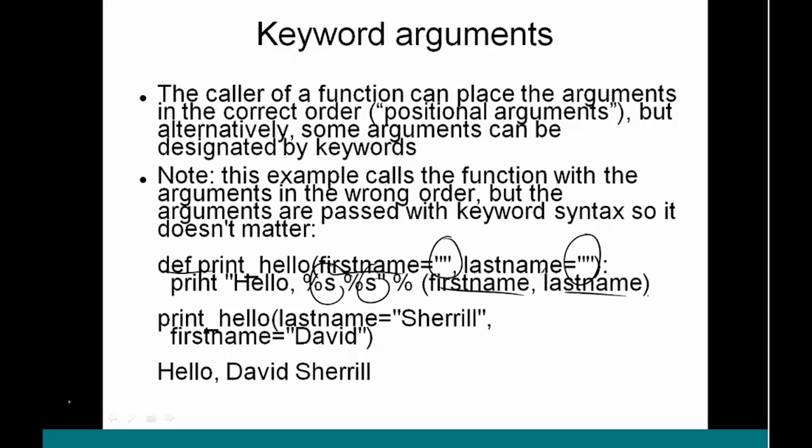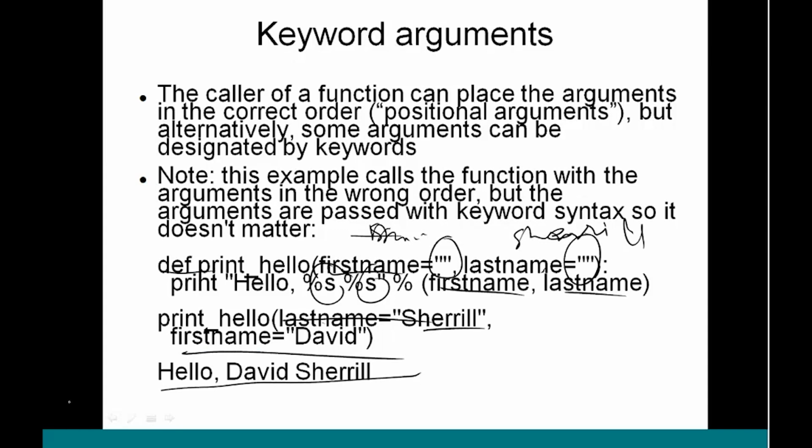The standard one is that if you just say hello Sam or David Cheryl, then it will print exactly the same. But if you want to interchange the arguments, we can say last name equal to Cheryl and first name equal to David as an explicit assignment with these names, and then it will print appropriately.